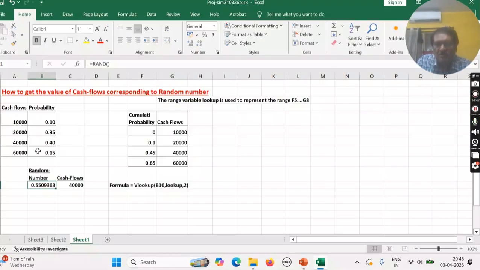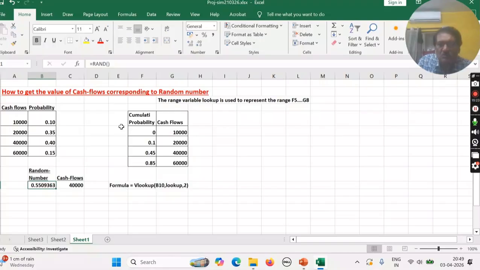In this way, this is the cash flows and cumulative probability. If you add, you can see the probabilities are 0.1, 0.35, 0.40 and 0.15. If you add all this, you get 0.45, 0.85, and the total is 1. In this way, here you will get the cumulative probability and the cash flows.